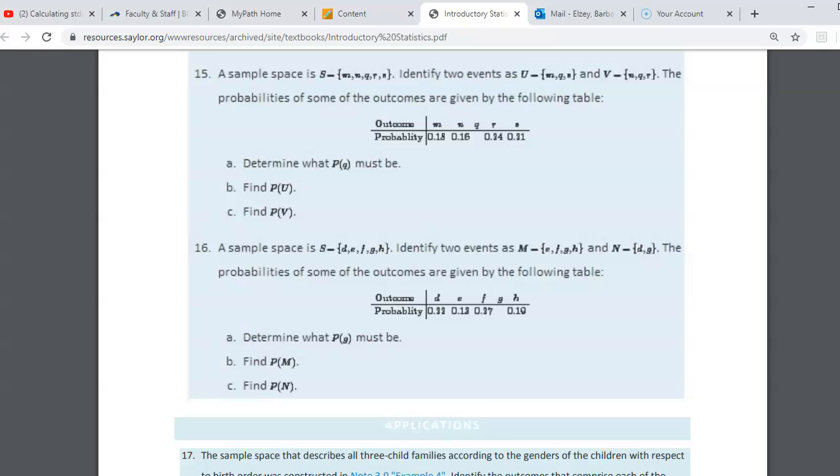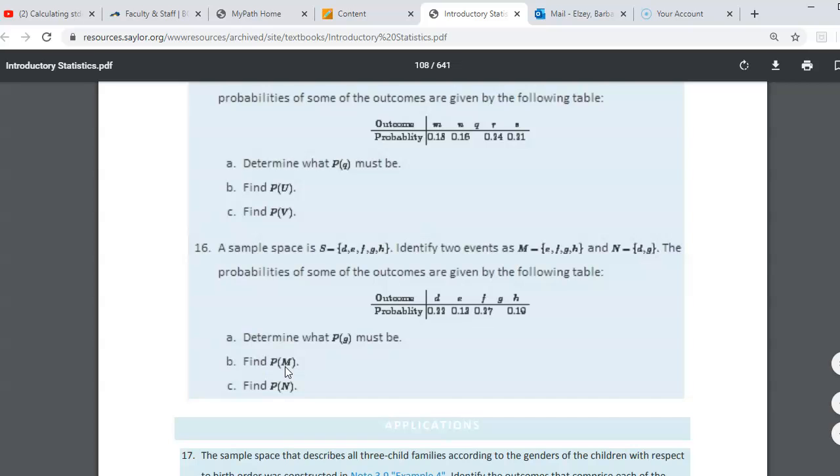All right, now let's go back here to the probability of the event M. To get that probability, all we do is we add up all of the probabilities for everything that is in M. So let's notice E, F, G, and H are all in M. So we want to add 0.12, 0.27, 0.2, which was our G, and 0.19 to get this probability.